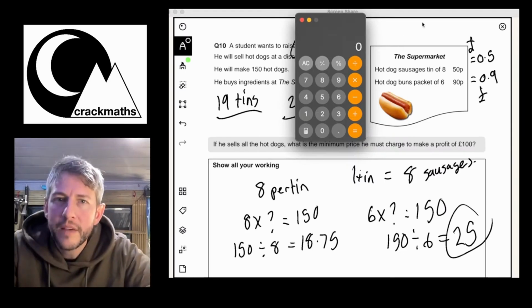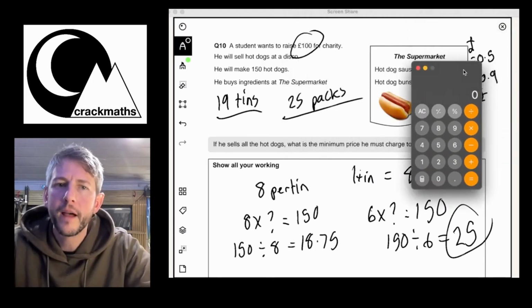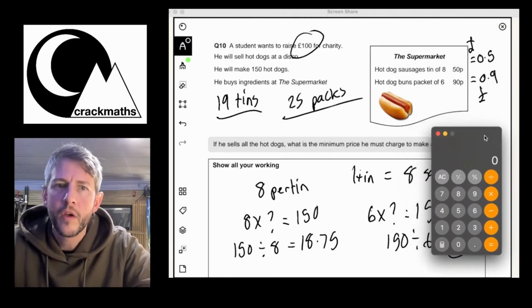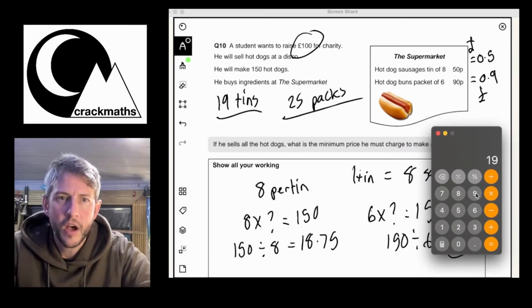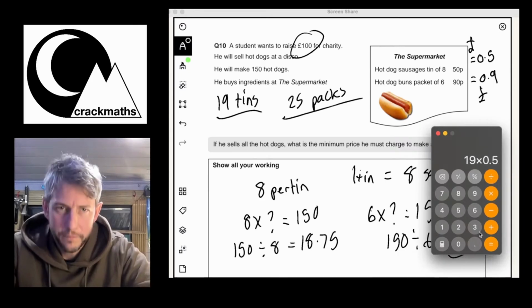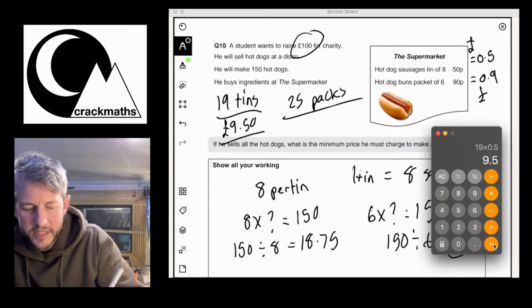So now, if I've got 19 tins, I want 19 times the cost per tin, which is 0.5. So this is going to be £9.50 for the sausages.